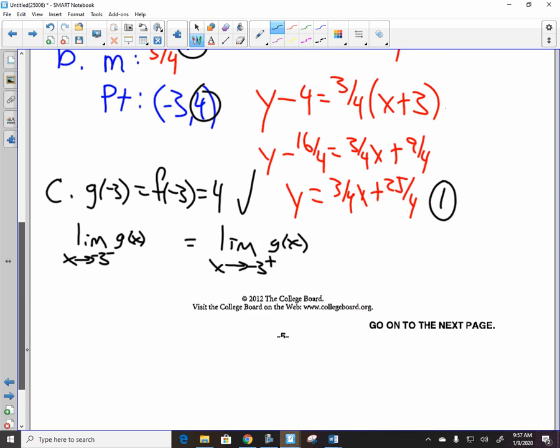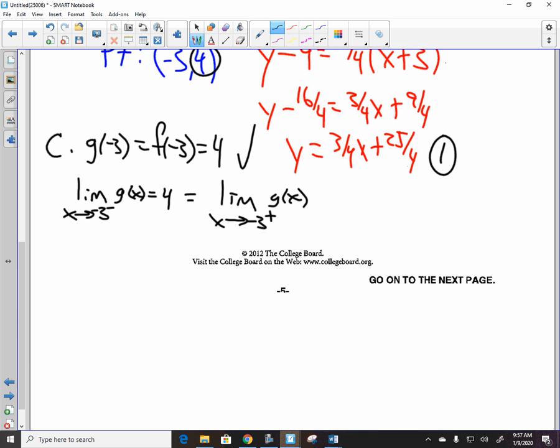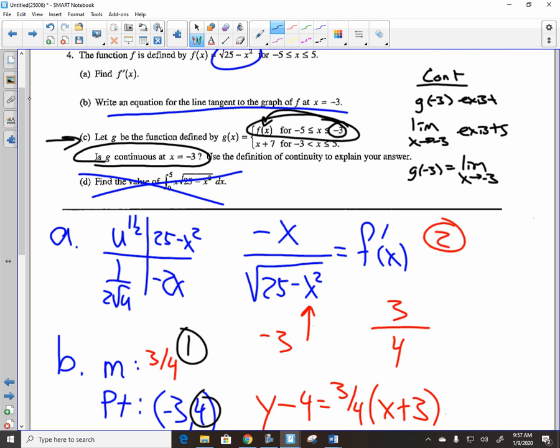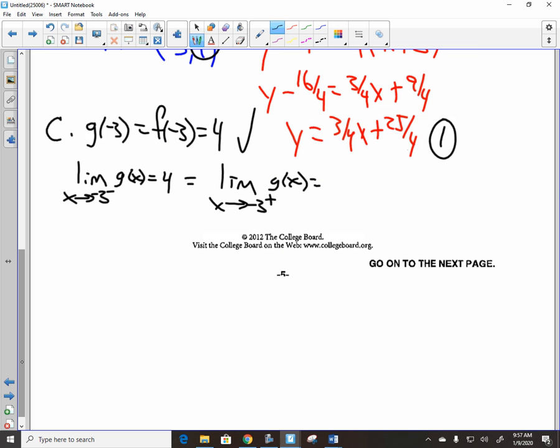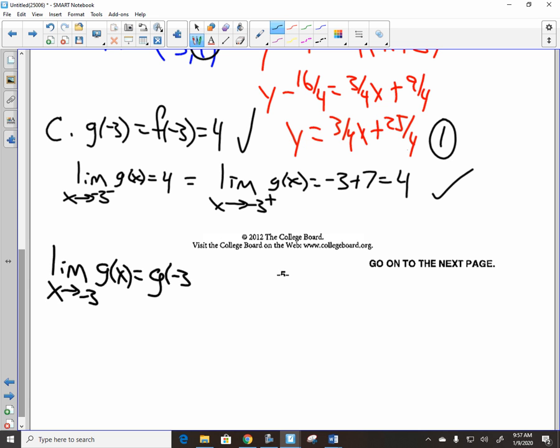And that is in fact 4. If you check it from the right, you are checking this, which is going to be negative 3 plus 7, which is 4. And finally, look, those both came out to be 4. So you've said that the limit as x goes to negative 3 of the function is in fact equal to g of negative 3, which is in fact 4. Yes, it is in fact continuous.